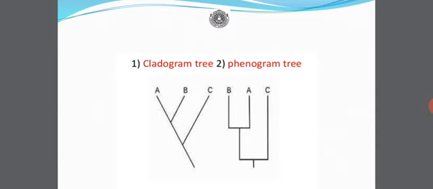So this is referred to as a phenogram. Now coming to the basic differences between a cladogram tree and a phenogram tree. As you observe clearly in this diagram, in a cladogram tree, the common ancestor, referred to as A here, gives rise to two lines, B and C, whereas in the phenogram tree, from the common ancestor, initially two lineages or branches arise, referred to as A and B, and from the middle of that another radiation arises, referred to as C here.